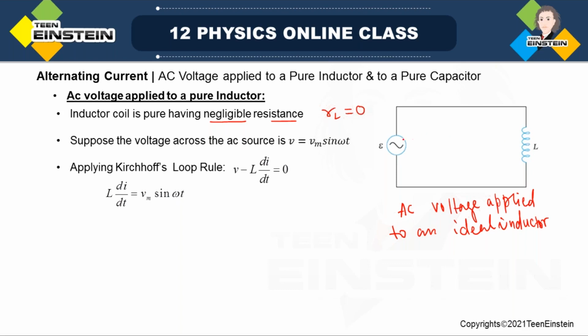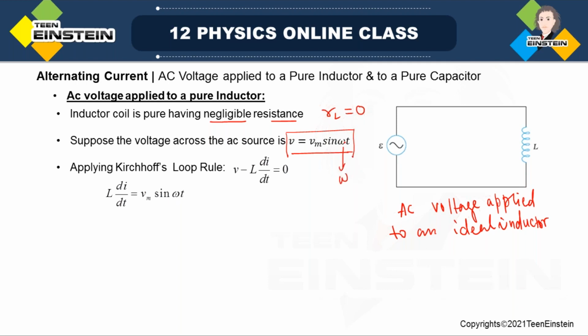We have connected this inductor coil to an AC source which has voltage across it, V is equal to Vm sin omega t. That means a sinusoidal voltage, or the voltage is varying as a sine function with respect to time, and it has frequency omega.